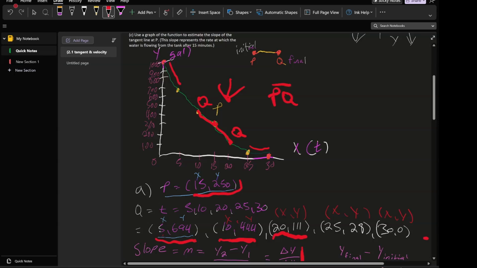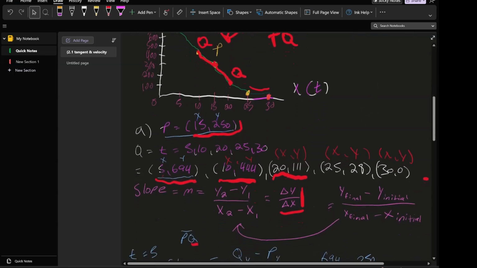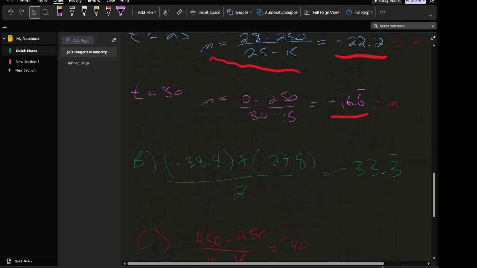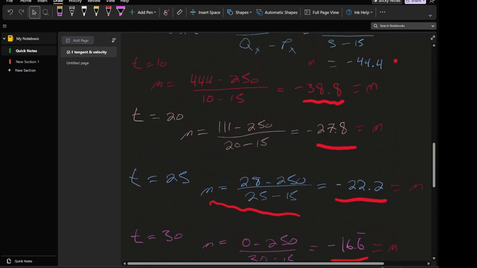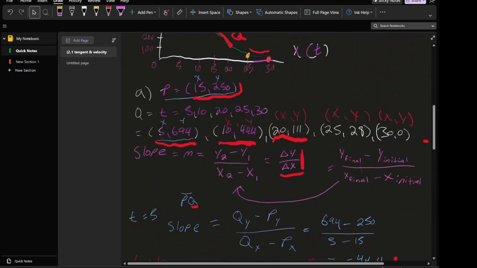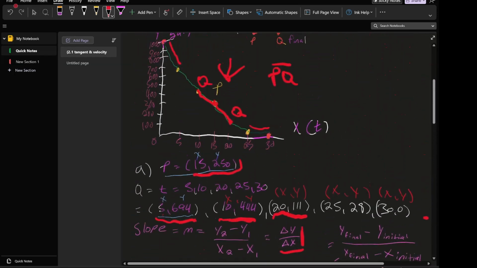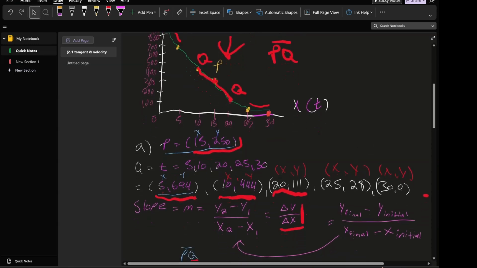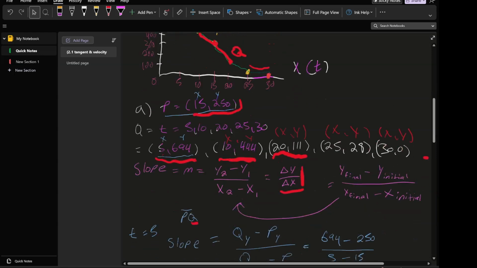You have the top one and the bottom one. And if you average those two, you just take your slopes from those. It was the ones closest to point P will be the most accurate estimations. So that's at t equals 10 and t equals 20. Since they're closest to point P, it'll give us the most accurate estimation of the slope of the tangent line at point P.